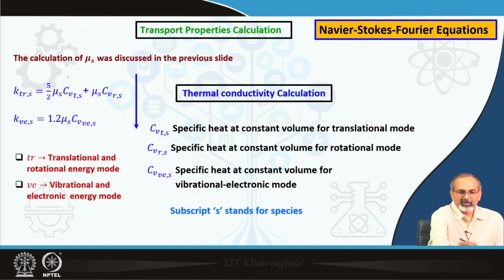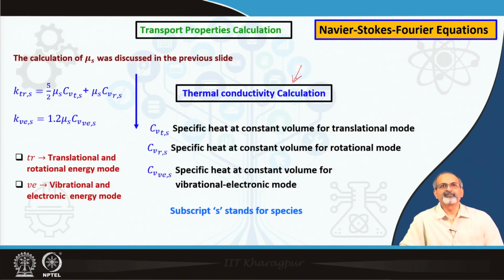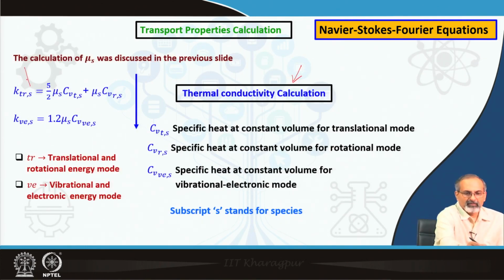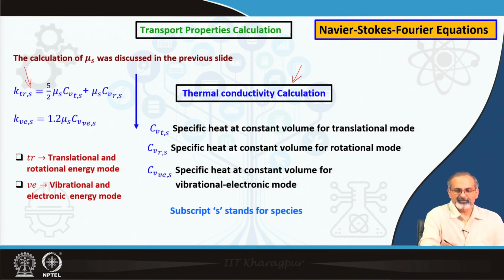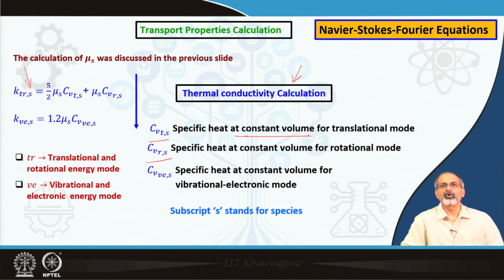Going to transport properties calculation, where we look at thermal conductivity calculation. The K for the translational rotational part is calculated using this formula, where you have C V T s, C V R s figuring, where both of them are specific heats at constant volume for either translational or rotational mode of energy.